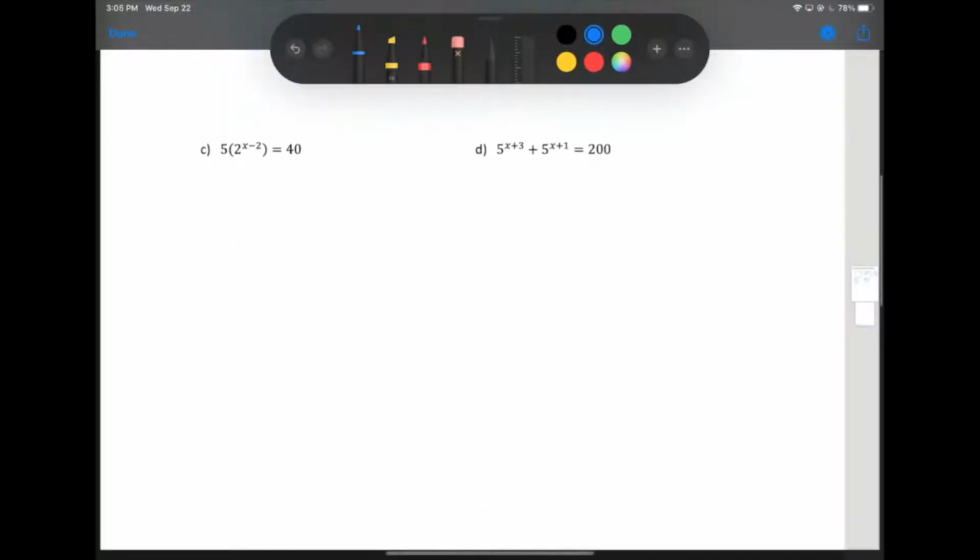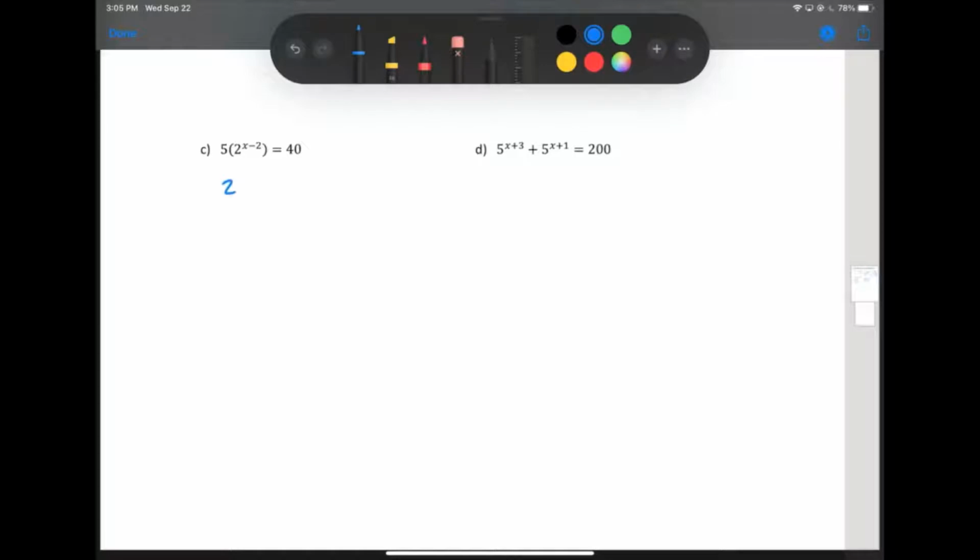For question C, 5 times 2 to the x minus 2 equals 40. A lot of people are going to try, I've seen students on tests try to convert the 5 to base 2 and the 40 to base 2, which is possible with logarithms, but horribly ugly, missing out that the super obvious thing to do on both sides is just divide by 5.